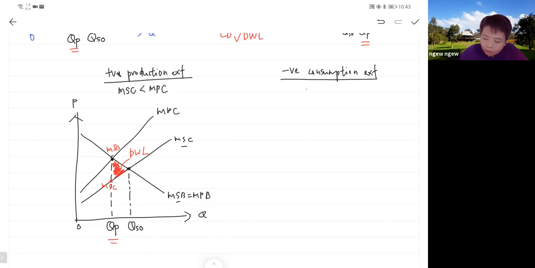Okay, then our private benefit appears to be greater than the social benefit. There are a lot of examples like this. For example, when I smoke, I am bringing a negative effect to the people surrounding me. So my personal satisfaction might be greater than the social satisfaction.